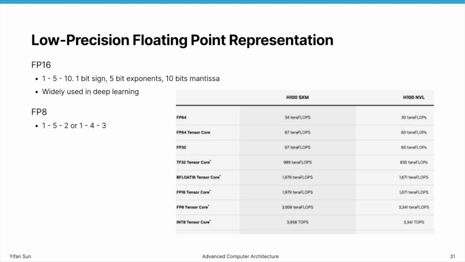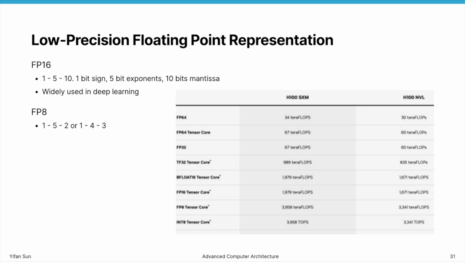If you look at FP64 and FP32, it typically doubles, right? There's no FP16 here, so we can only compare the tensor cores. Now the FP64 tensor core is 60.